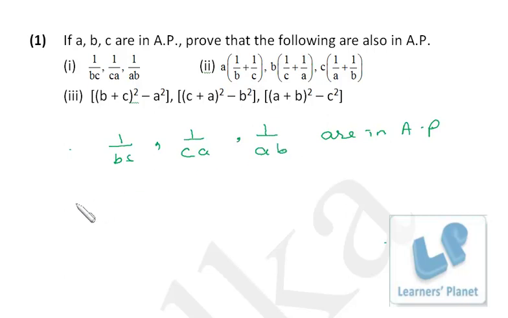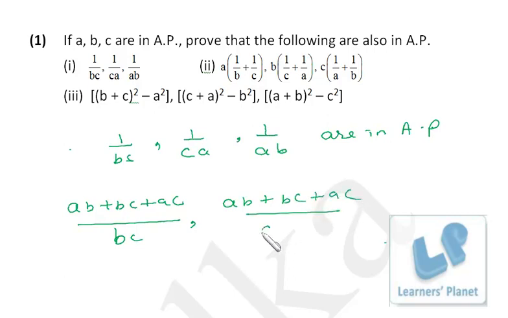So I am using the constant AB plus BC plus AC and multiplying all of them by it. So this gives AB plus BC plus AC by BC, AB plus BC plus AC by AC, and AB plus BC plus AC by AB. Still they are in AP.